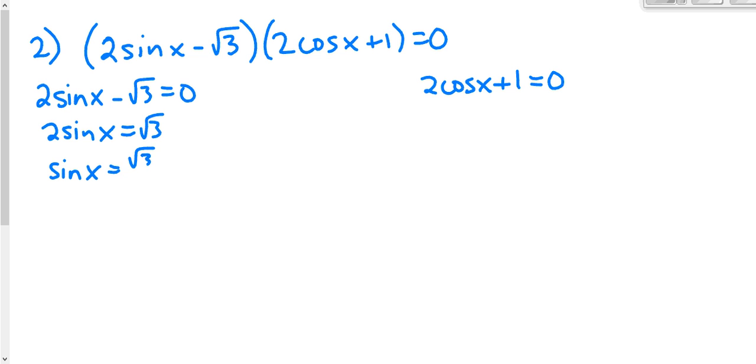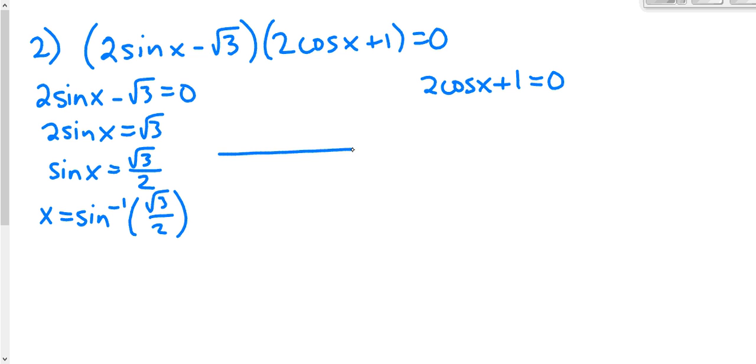And then take the inverse sine. Okay, so that's positive, and sine is positive in quadrants 1 and 2. We would have square root 3 on the opposite and 2 on the hypotenuse. So the angle would be 60. So our answers are 60 and 120.